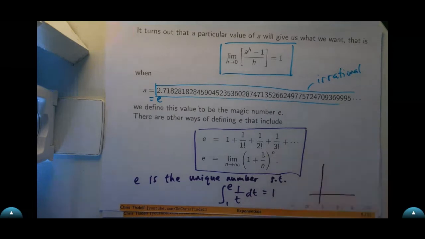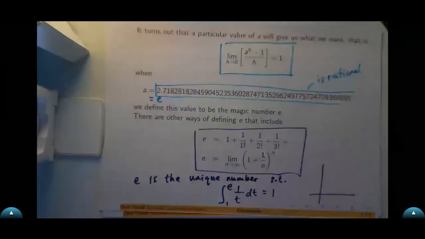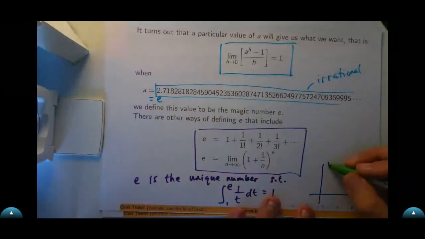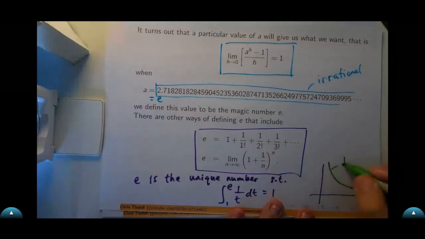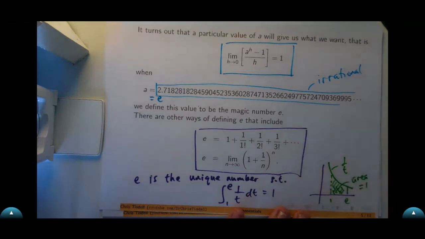So if I draw in my curve, this is 1 on t. And if I integrate from 1 up to this magic number e, the area under that curve is 1 unit.